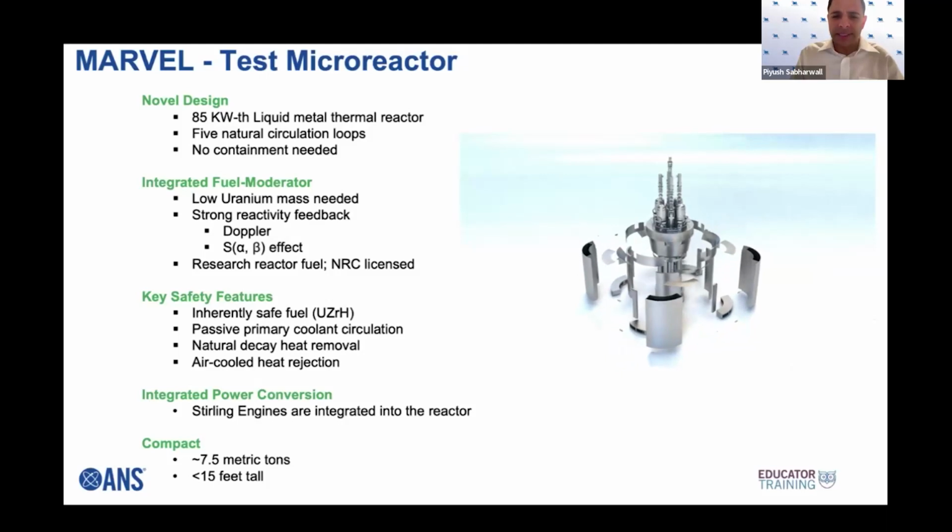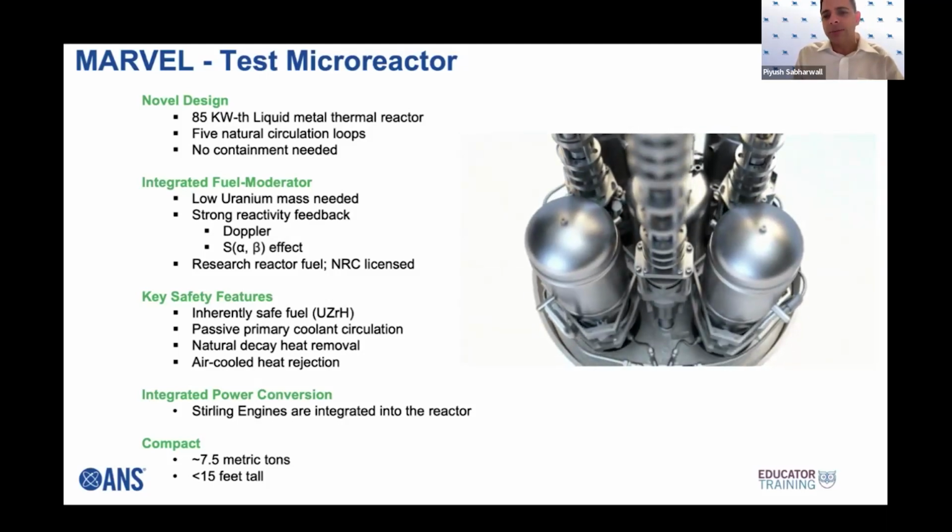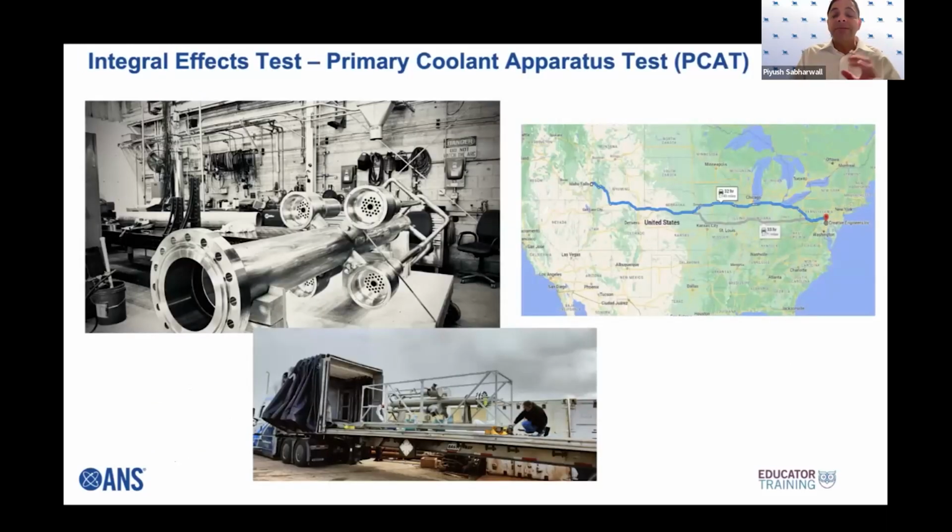It's around, as I mentioned, 7.5 metric tons and less than 15 feet tall. But even to get there, as I mentioned, you just cannot go critical. You want to understand key phenomena happening in your reactor system. So we designed and built at MFC, at INL, this setup called PCAT, which is Primary Coolant Apparatus Test.